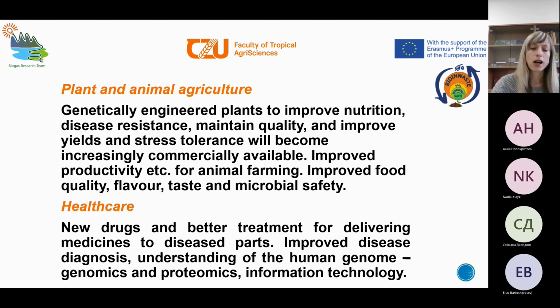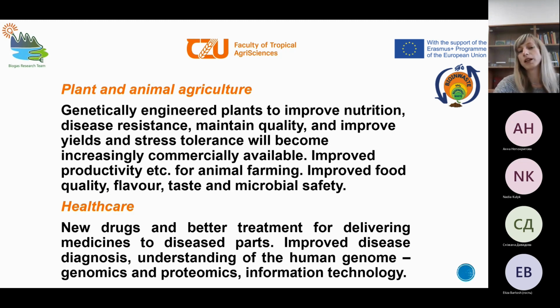Of course, in agriculture we have a lot of growth in biotechnological processes, especially involving genetic engineering of plants, improving some nutrients, disease resistance, and other moments that can be useful, especially for the growth productivity of plants.